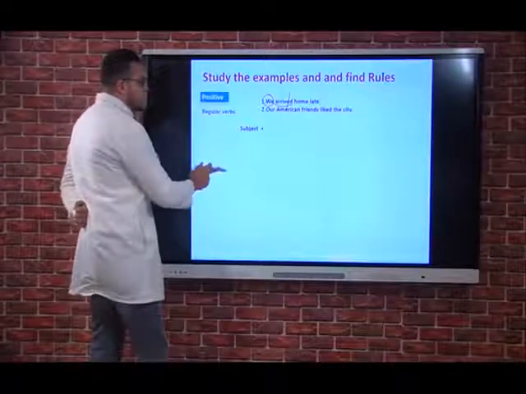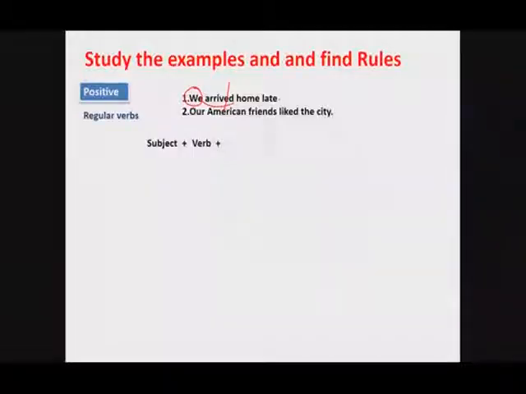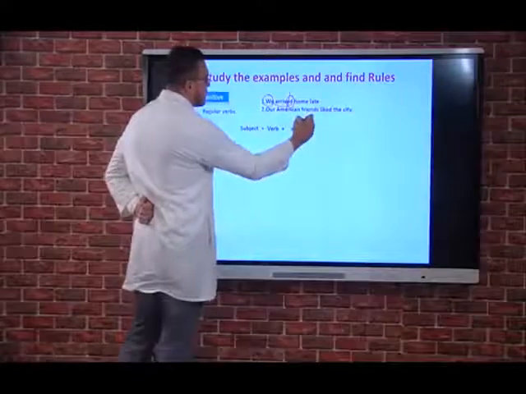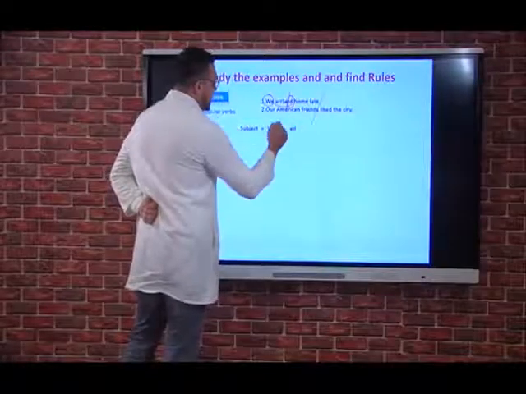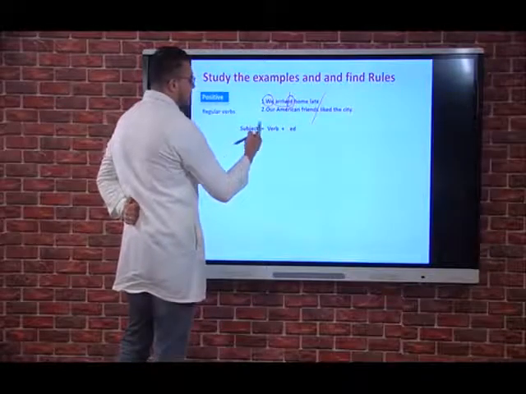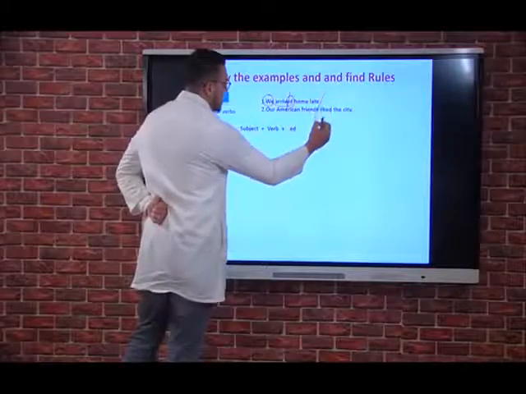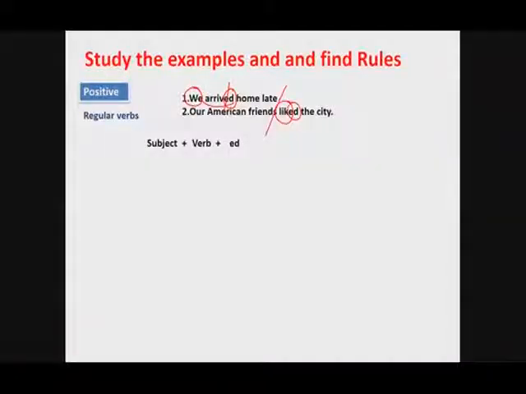So I have subject plus verb plus ed. The verb to arrive plus ed in order to make the simple past form. Next example, our American friends liked. This in here is the subject plus like plus ed.